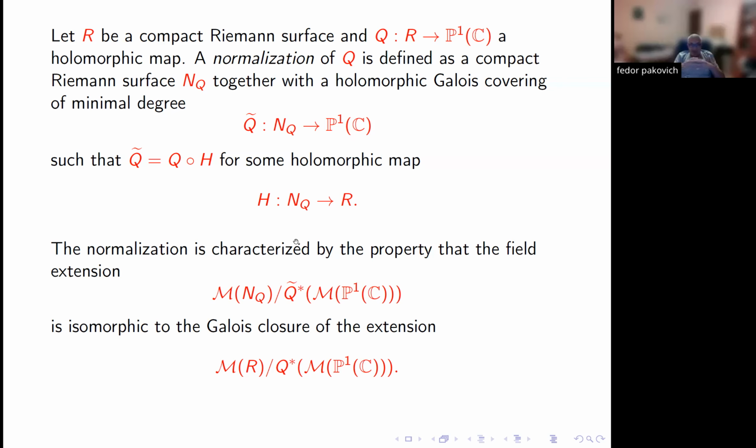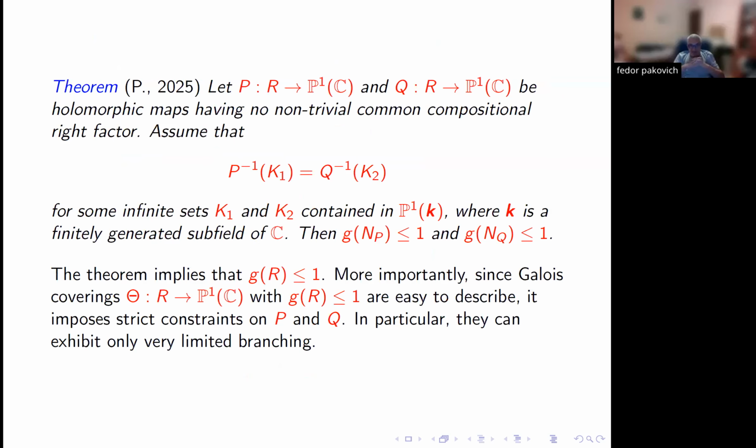Now what is the result, which is relatively simple, which concerns this situation. We have two holomorphic maps without right factor and two sets such that this condition is satisfied, for some infinite sets contained in a number field or an infinitely generated subfield of C. Then the genus of both normalizations is at most 1.